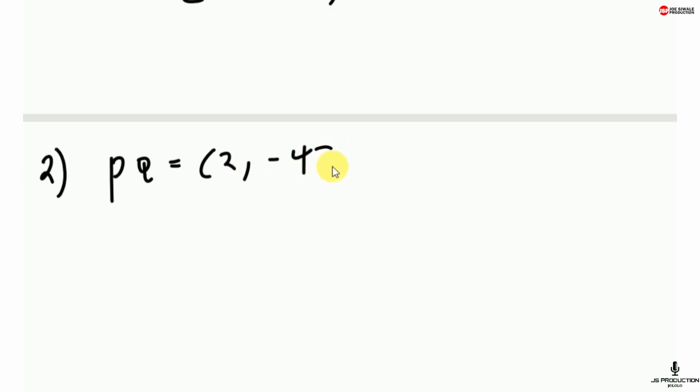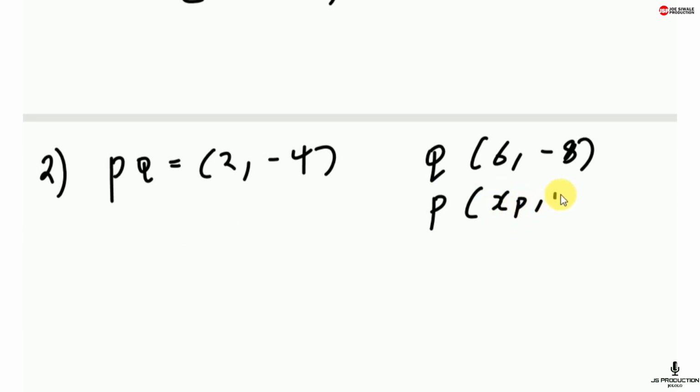Then I've only been given point Q, which is (6, -8), and I don't know point P. Point P I don't know, so I can say that to be my XP and my YP there.